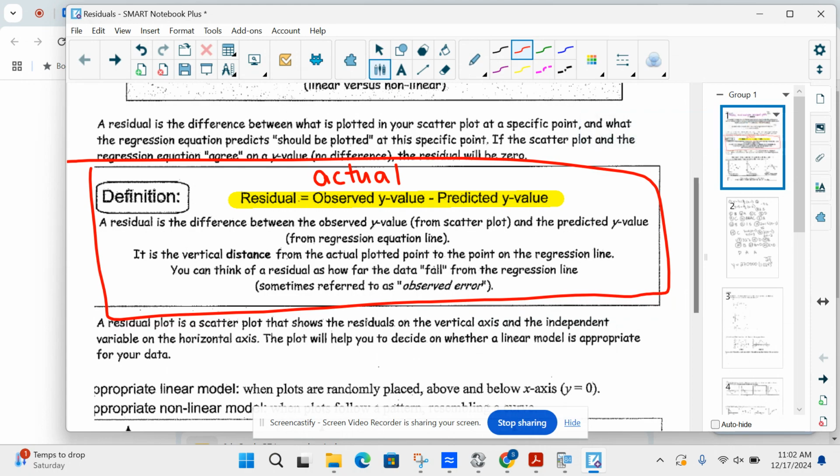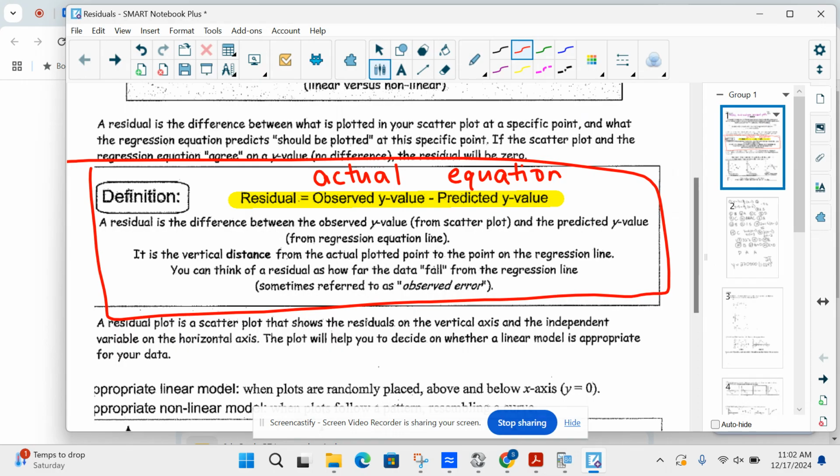And then the predicted y value is the y value from your equation. So it's the actual minus the equation. A residual is the difference between the scatter plot and the regression line. It is the vertical distance from the actual plotted point to the line.